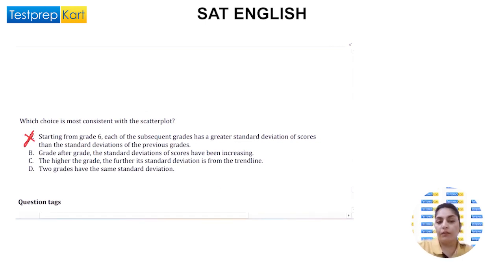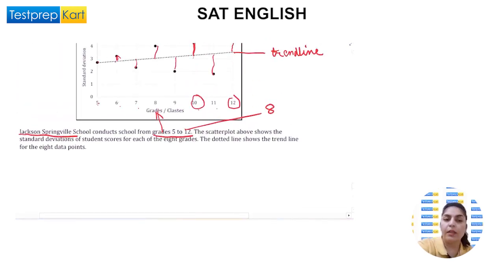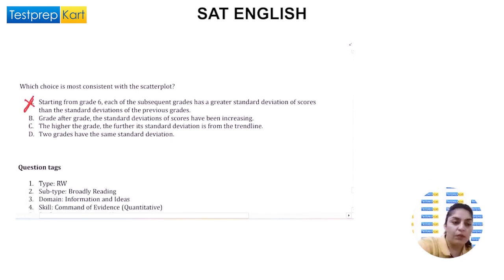Next, grade after grade, the standard deviation of scores has been increasing. Okay, we say that every time the grade is increasing, the score is also increasing, but it is not increasing at grades 10 and 12. So how can this be correct? This is not correct here.